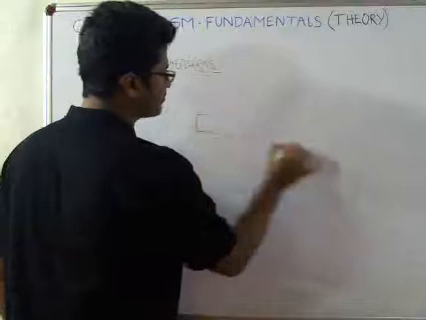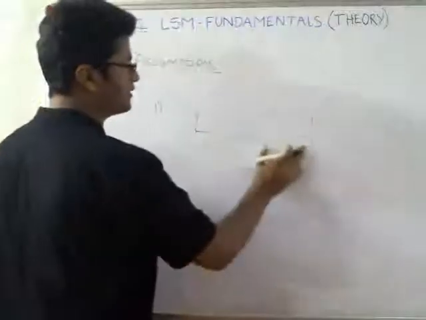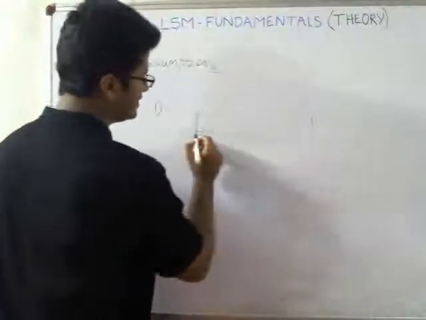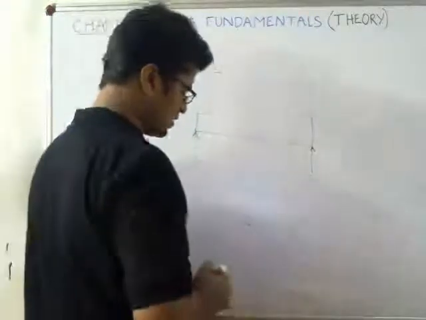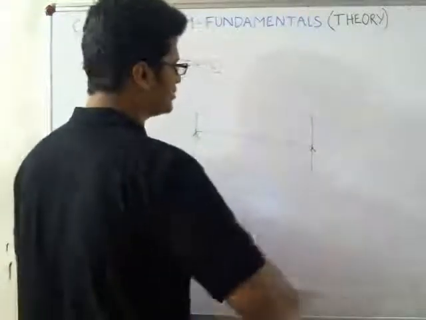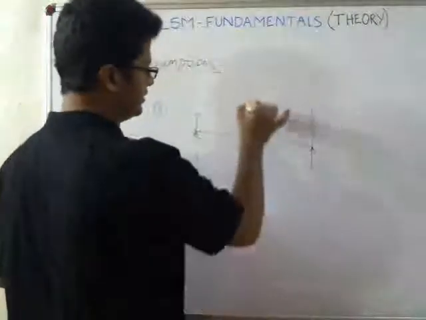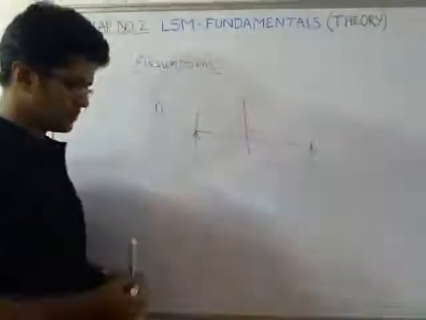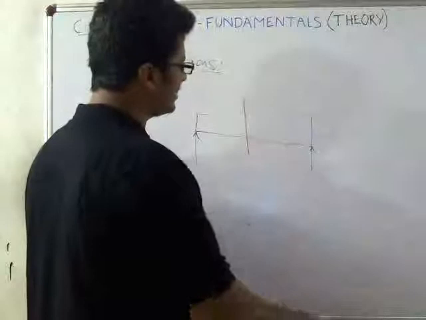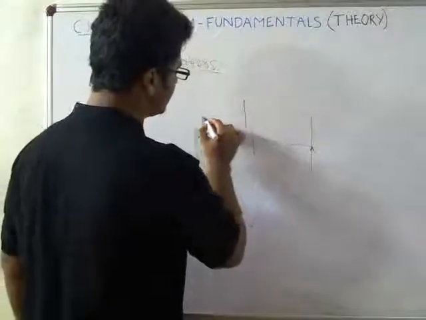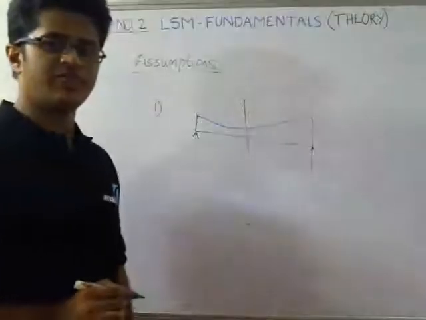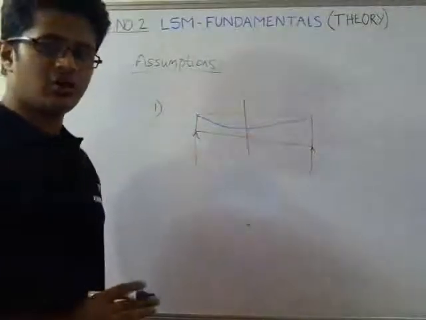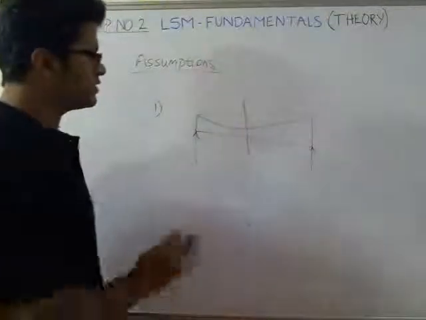Suppose this is a beam. These are the supports of the beam. And if you consider a section which I am showing in red color, here it is. After bending, the beam will move like this. This is a bit exaggerated diagram of the deflection, just to show you how the section moves.